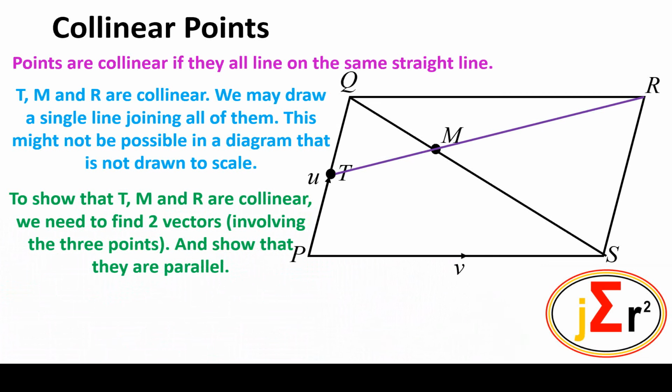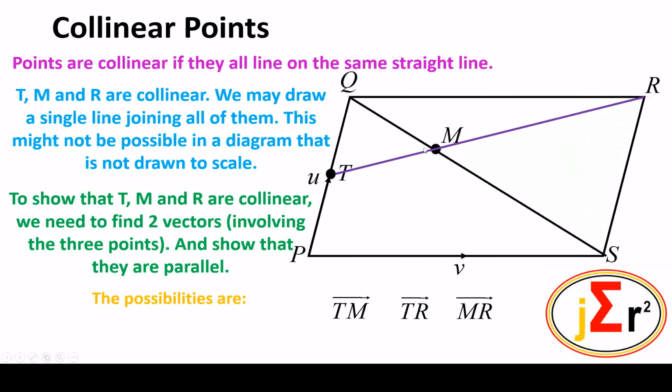And I am sure that we just found the other vector on the previous slide, and we have vectors coming over from the previous audiovisual. So the possibilities are, if we're going to find two vectors involving the 3 points, we will have TM, then TR, and MR. Those are the possibilities.